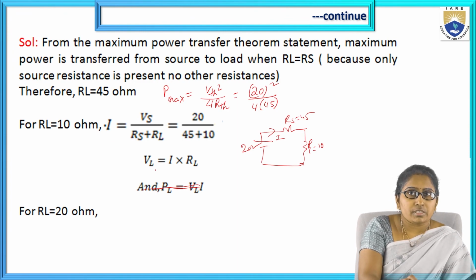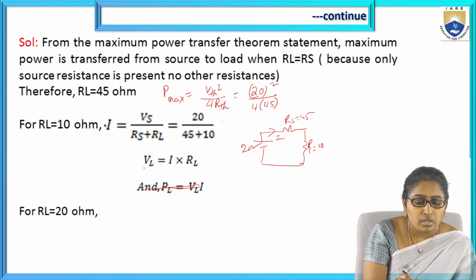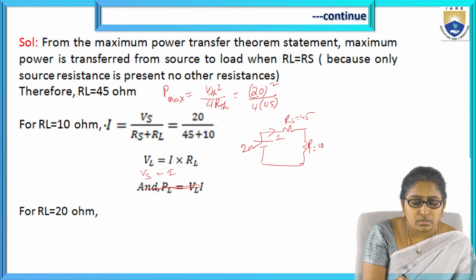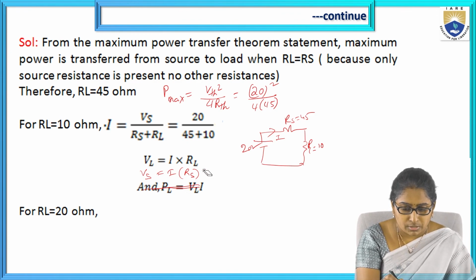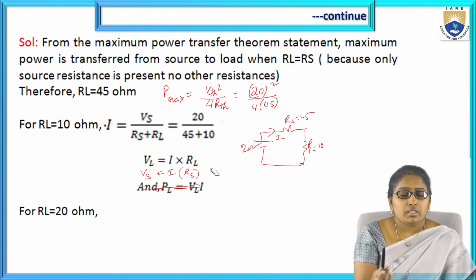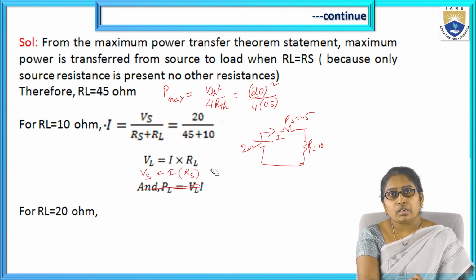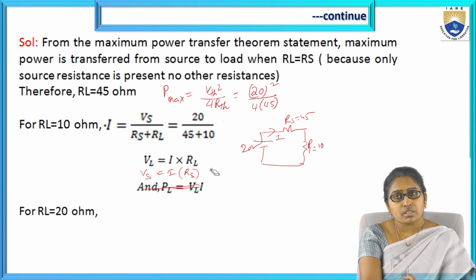This is the voltage drop across the load. Voltage drop across the source is given by I into RS. So that is the voltage across the source resistance. That is for RL is equal to 10 ohms, we calculated the current and voltage drops.